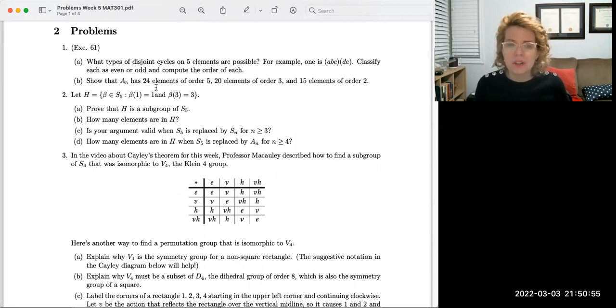So for example, we can label the corners of a square or a rectangle and keep track of where they go. So this is just like when we were initially dealing with symmetry groups. We labeled corners to keep track of the symmetries, not because they determined whether there was a symmetry or not, but to keep track of where the symmetries were going.